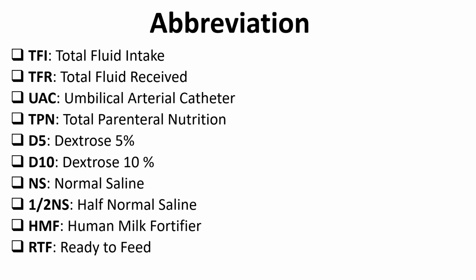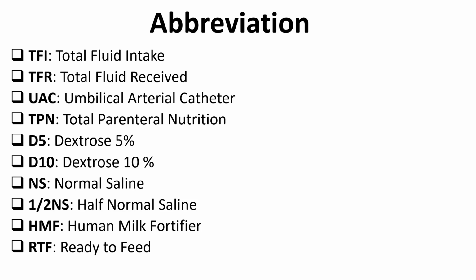Any question about HMF? Do you understand? What's the benefit of HMF? And we only start HMF when we are off TPN and we are full feed. Because remember, when we start feeding on the first day, we start with a very small amount, like 1 ml.